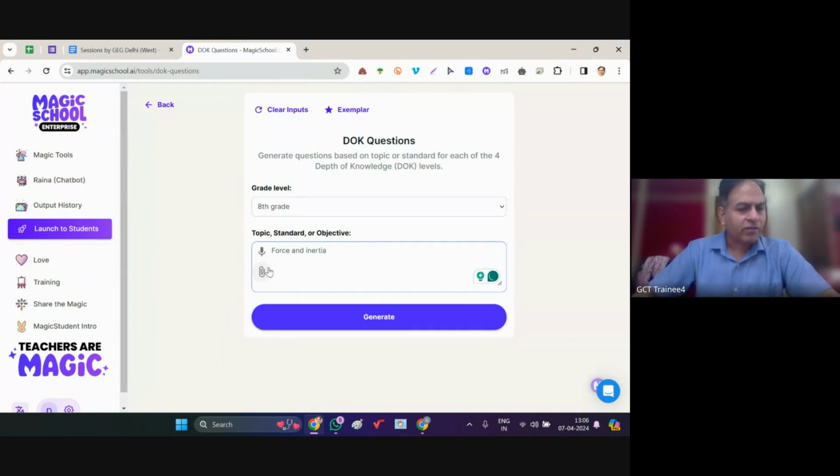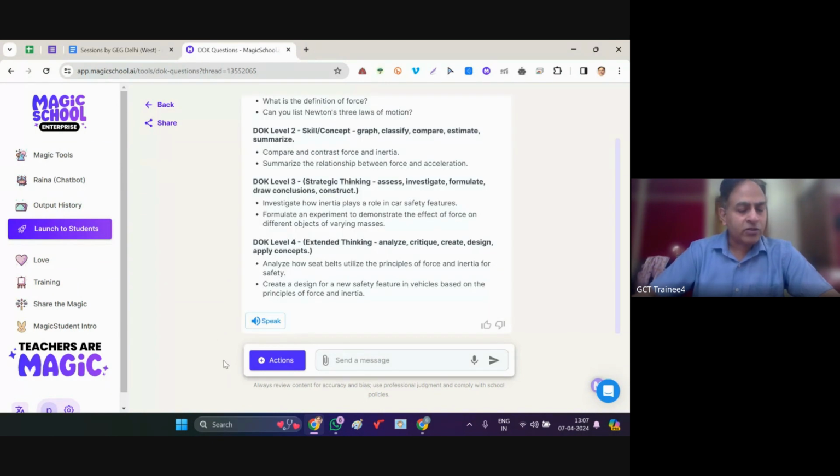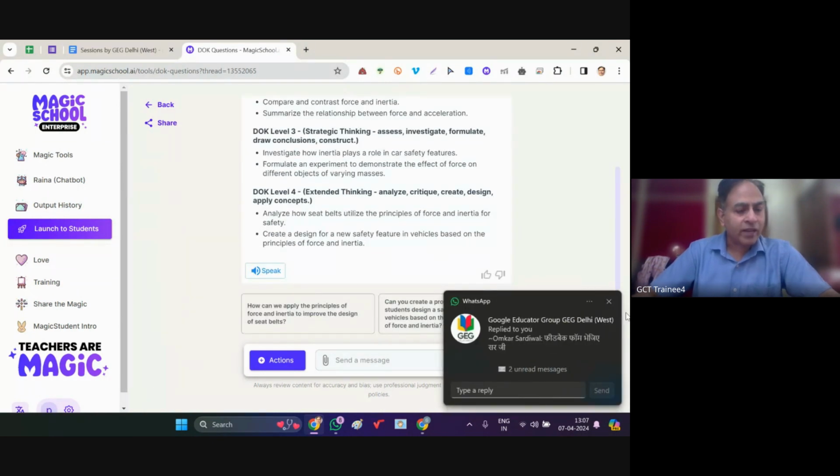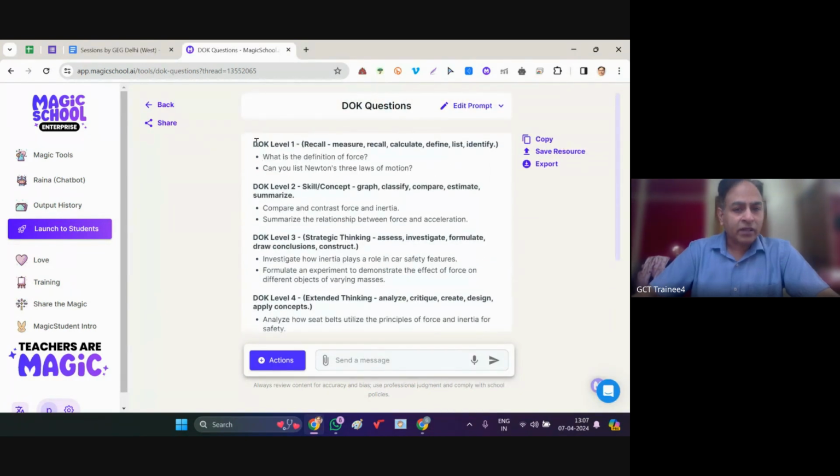I can always upload a file also, and let me click on generate. You will see it will start generating questions based on the four levels of hierarchy based on Bloom's taxonomy. Can you see level 1? This is our basic recall, measure, and so on. Then level 2 questions, and then level 3 and level 4.